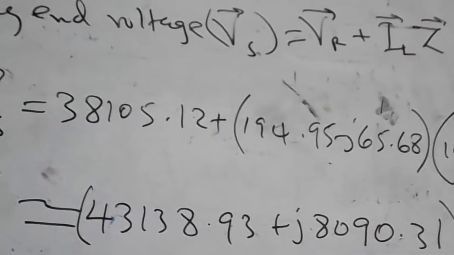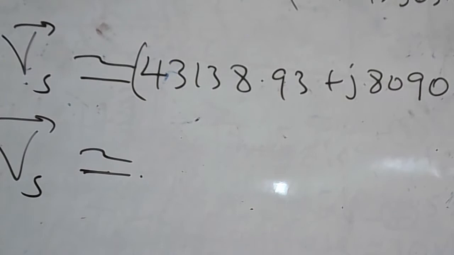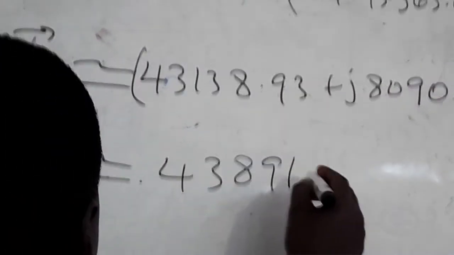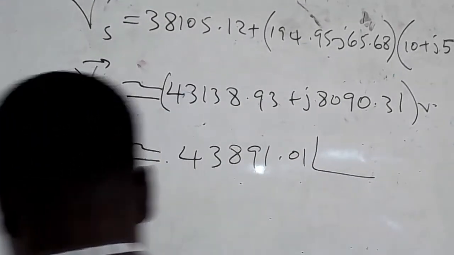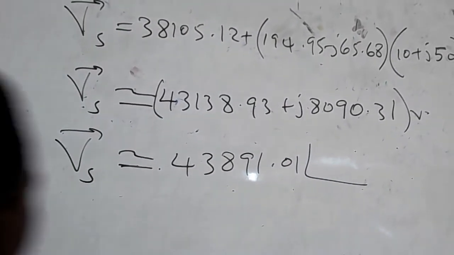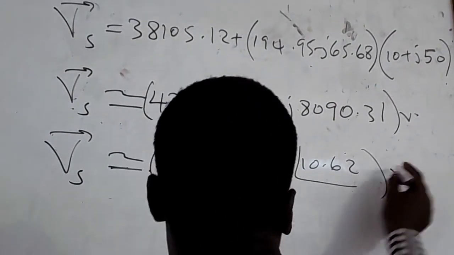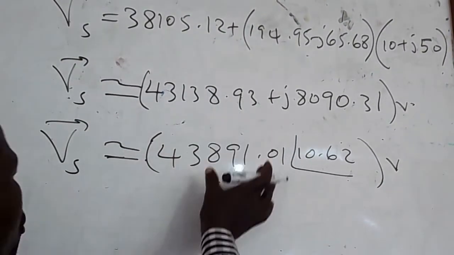But we can also get it in polar form, so that the Vs is equivalent to 43,891.01 at an angle of 10.62 degrees. This one is obtained by converting the rectangular form into polar form.